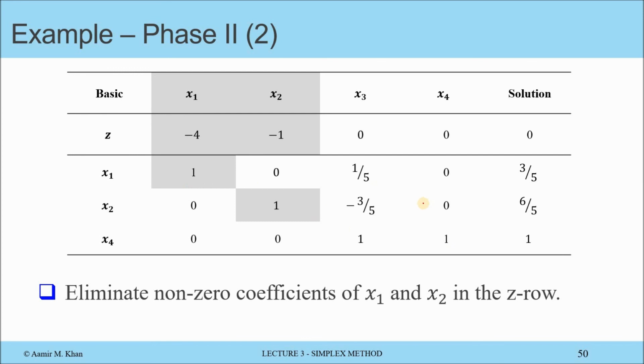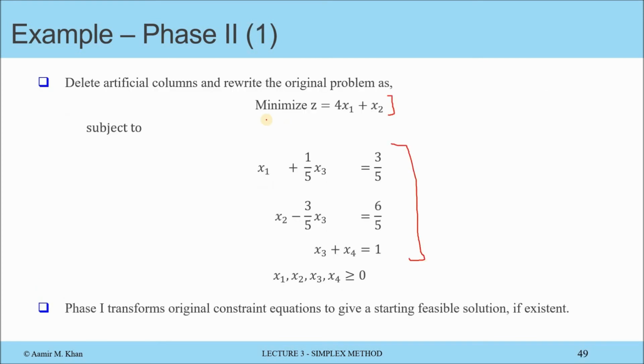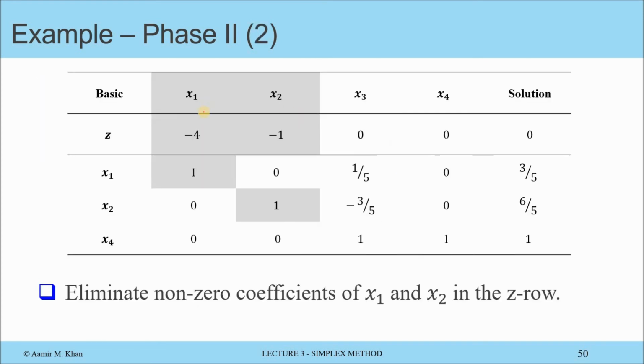Now phase 2 is your simple simplex calculations that we have done so many times. So -4, -1, and so on. Remember, this is still minimize. In minimize, what we want to do is, here we have removed our artificial variables.